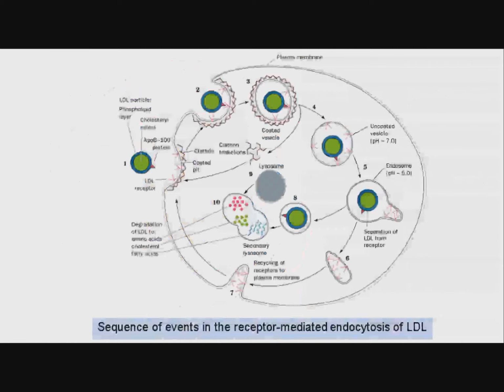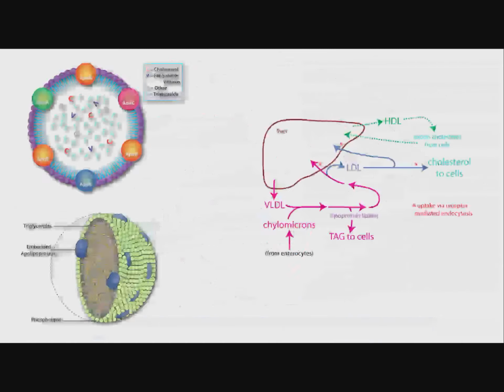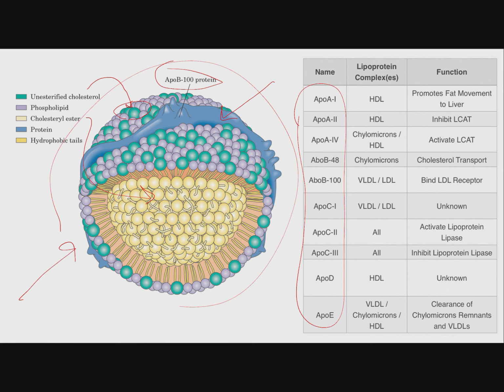We still need to talk about the different types of lipoproteins, so I think we'll talk about those right now. Let me go back here and give you the different types, because I should have done that. From biggest to smallest, we have the high density lipoproteins, the HDLs.